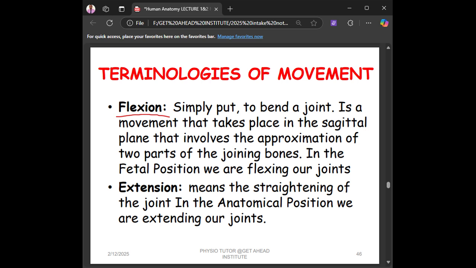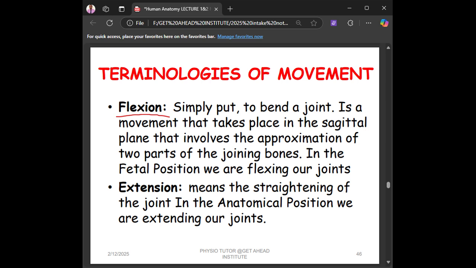Then extension simply means straightening of the joint in the anatomical position. When it comes to extension, a joint that was flexed basically gets straightened. Now, when you are standing in anatomical position, you discover that the joints are usually extended.